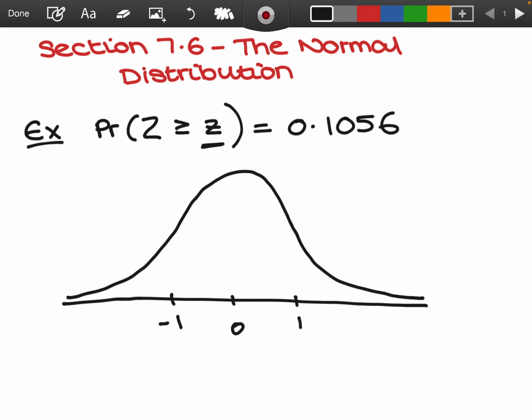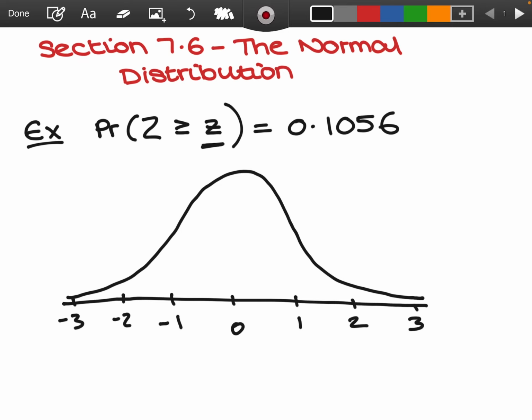So between, in this case, because we're looking at standard normal distribution, between -1 and 1, one standard deviation either side of the mean, I should have roughly 2/3 of my data. So roughly 2/3 of that curve should land between -1 and 1. And you can go ahead and plot out a few more points if you want.